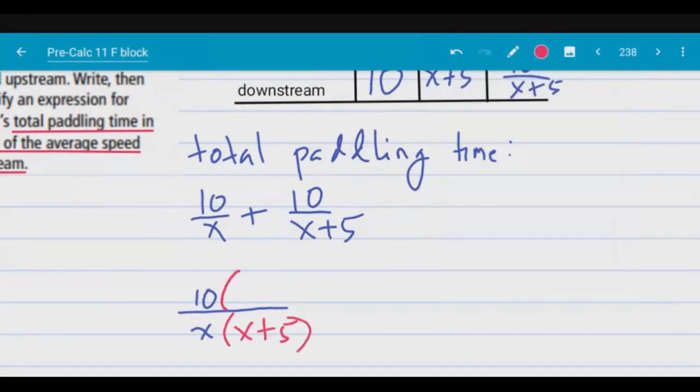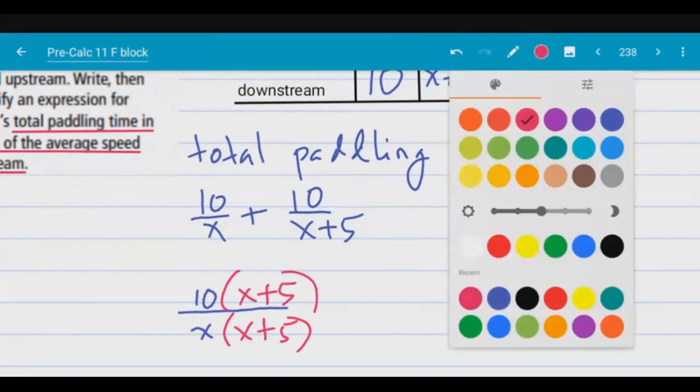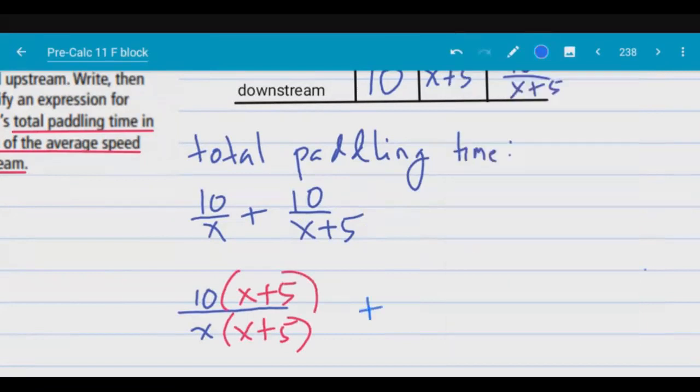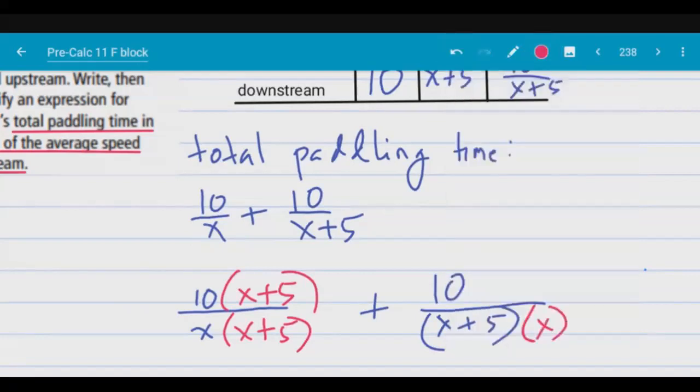For the next one, I originally had 10 over x plus 5 only. But since I need to multiply the denominator by x, the top gets to be multiplied by x as well.